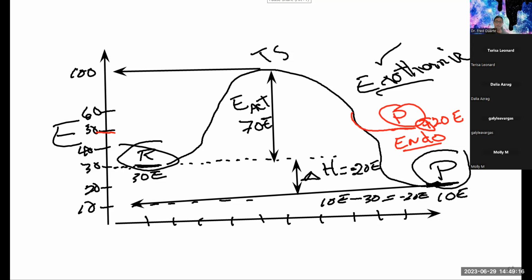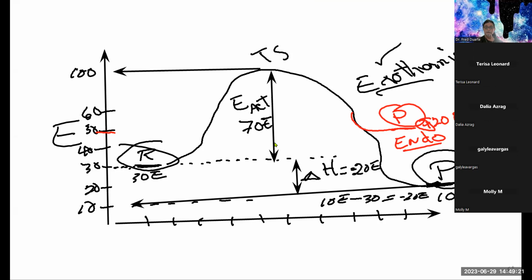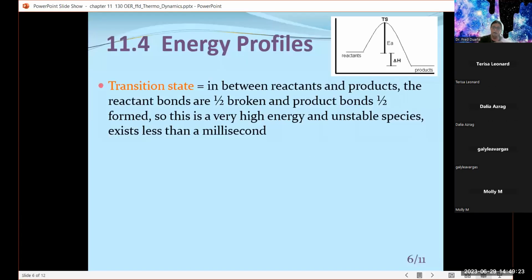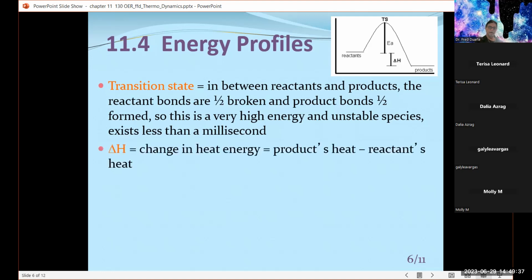So let's go back to this. So we got the transition state. You look in the top right, it tells you where the transition state is, okay? And that's that point in this reaction where bonds are being broken and bonds are being formed, okay? You can see there the energy of activation. Delta H is the difference between where the reactants started off.